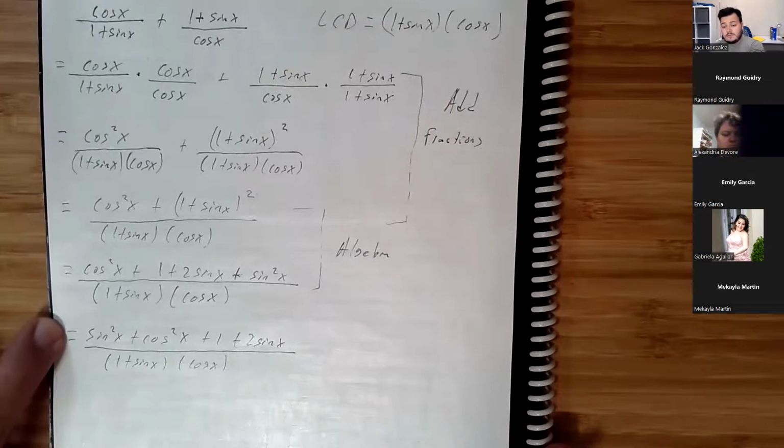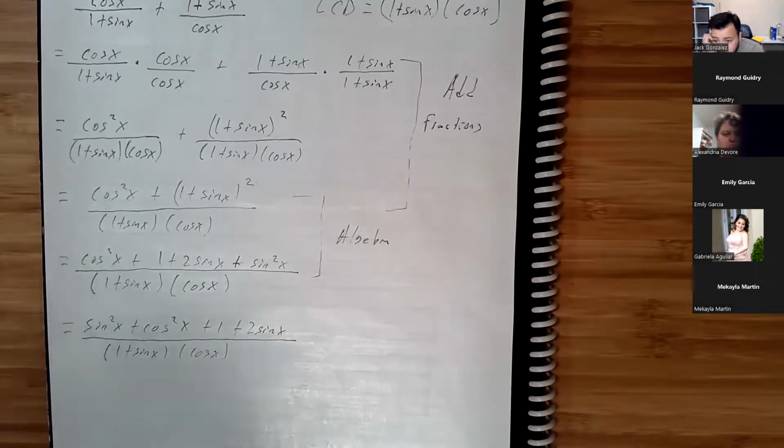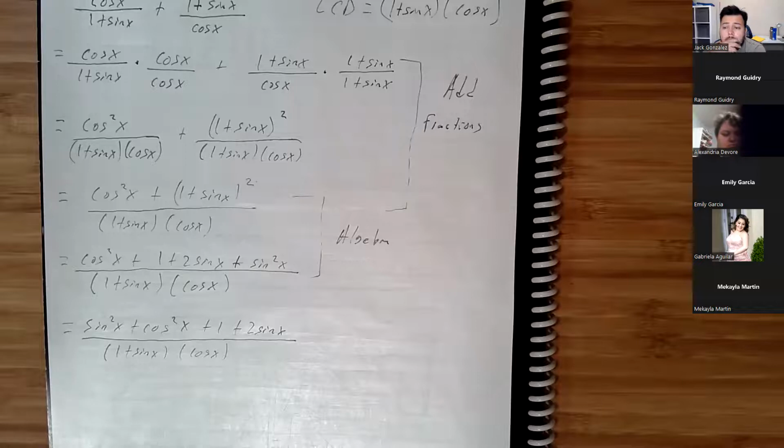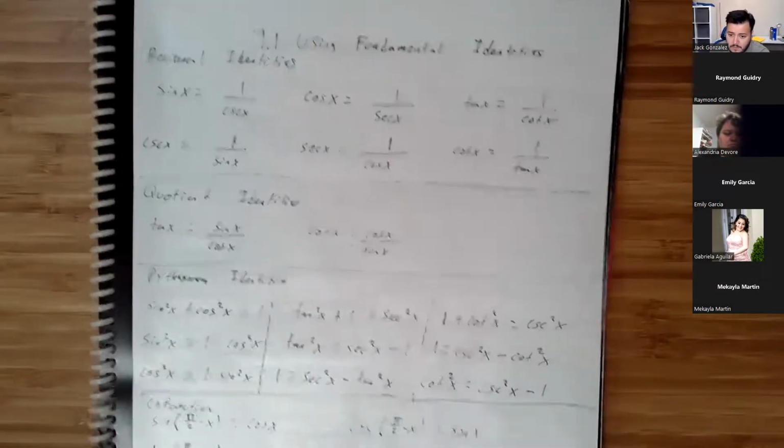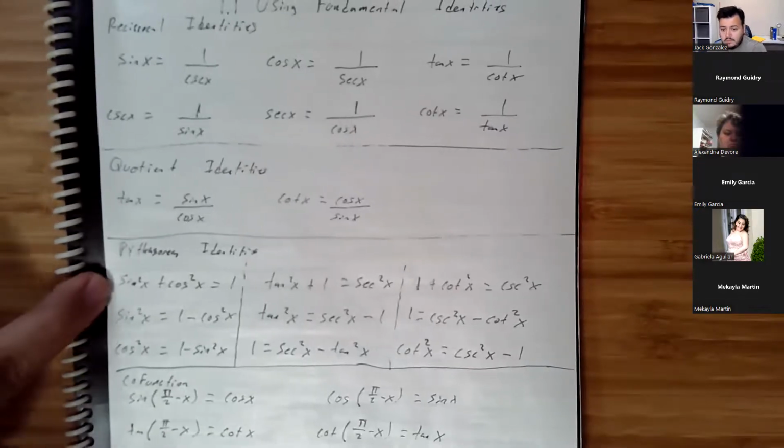What is sine squared plus cosine squared? Pythagorean is going to be equal to 1.